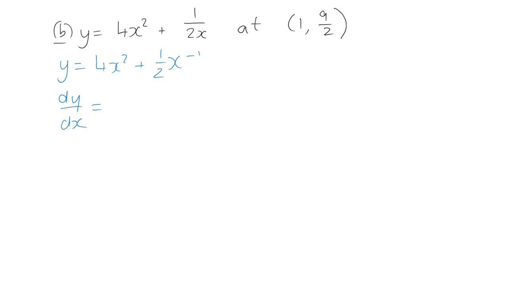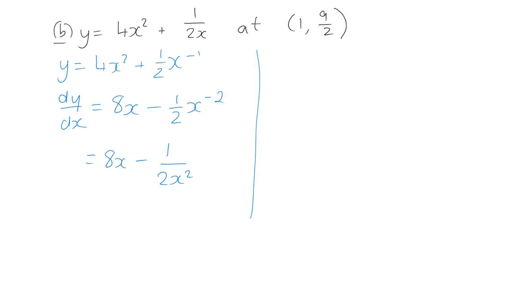So differentiate, we get 2 4s are 8x minus a half x to the power of minus 2. And we can tidy that up a bit by bringing the x back down again.